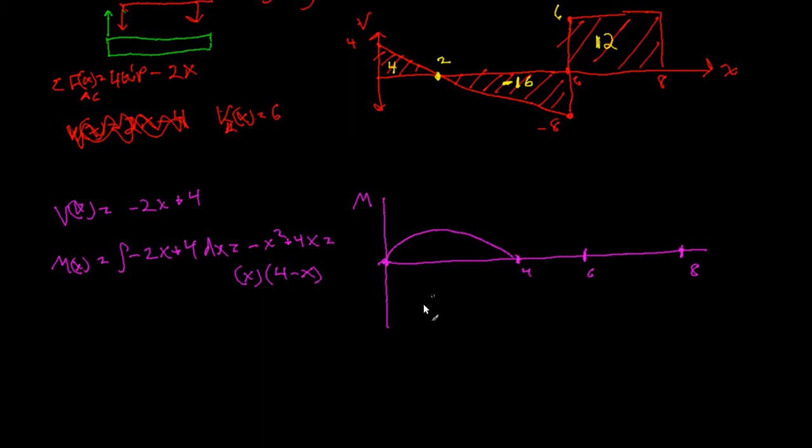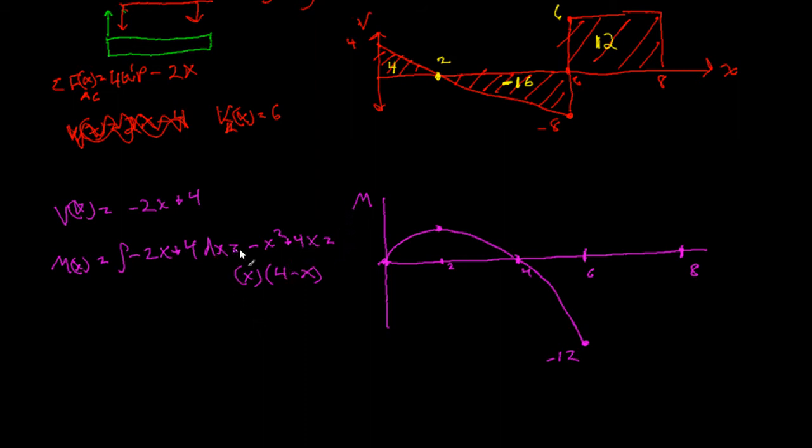And then what happens at 6? Approaching 6, we'll have -36 plus 24. So we'll have -12. Okay, so we'll take this all the way down to -12. Alright, and we might want to know the point halfway between 0 and 4, which is this 2.